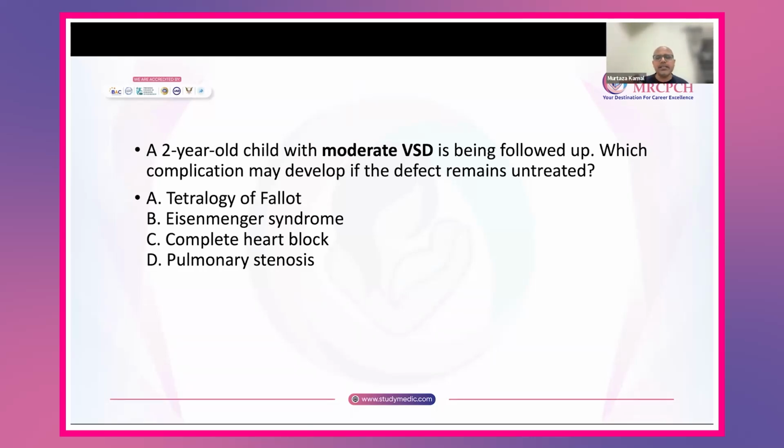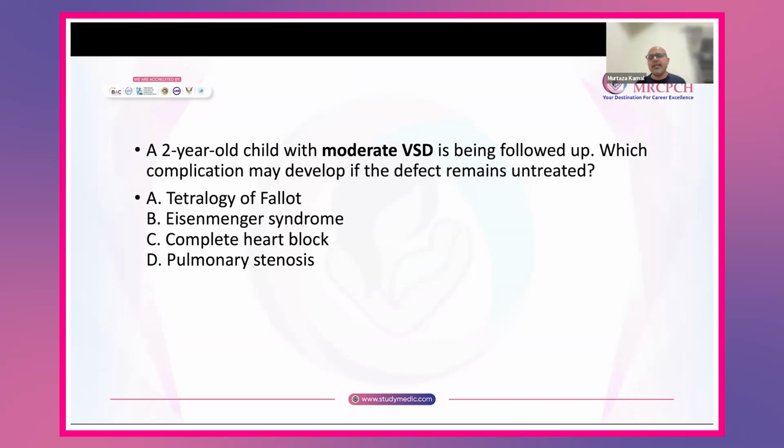So Eisenmenger's is an increase in the pressure. Pressure is flow into resistance. Initially the pressure of the lungs was high due to the increase in flow, excess flow was going. After some time, the lung vasculature becomes stiff. If the lung vasculature becomes stiff, the R component of the pressure increases, the resistance increases.